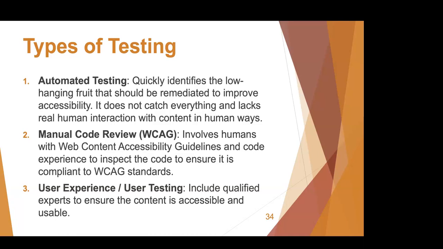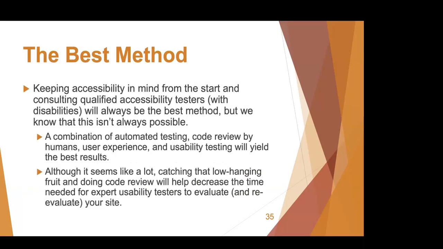So this is a lot. What's the best method, you might ask? The best method is keeping in mind accessibility from the start and consulting qualified accessibility testers with disabilities who can assess the website. But we know that this isn't always possible.